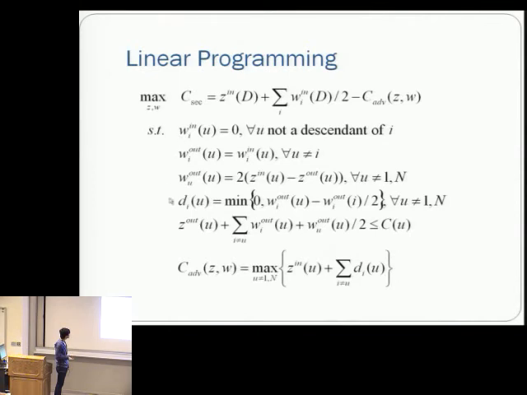So we have a bunch of constraints. The incoming packets to U that are duplicated at I should be 0 if U is not a descendant of I, because if you're not a descendant of I, how can you get any packet that comes from I?